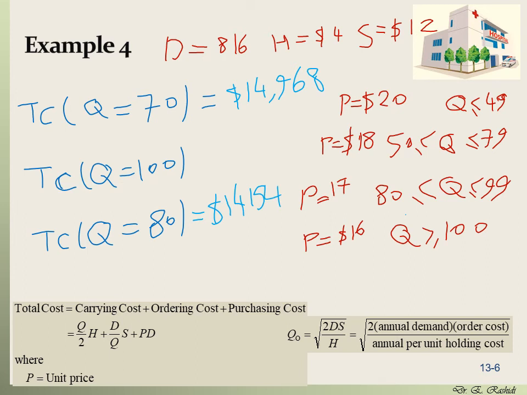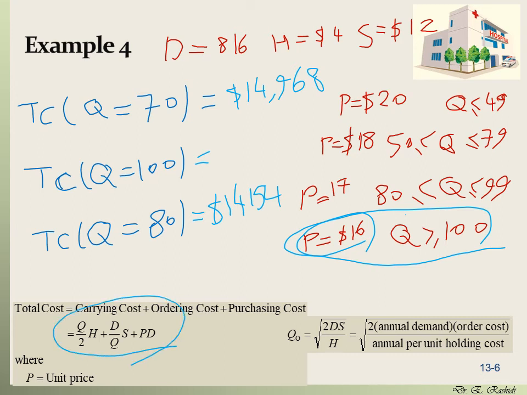Then we're going to compute this for when we order Q equal to 100. At Q equal to 100, the price is $16. So we're going to put it in this formula down here and find the total cost. That would be Q divided by 2, so 100 divided by 2, multiplied by H, which is 4, plus D divided by Q, so that's 816 divided by 100 multiplied by S, which is 12, plus P multiplied by D. P here is 16, so that's 16 multiplied by 816.